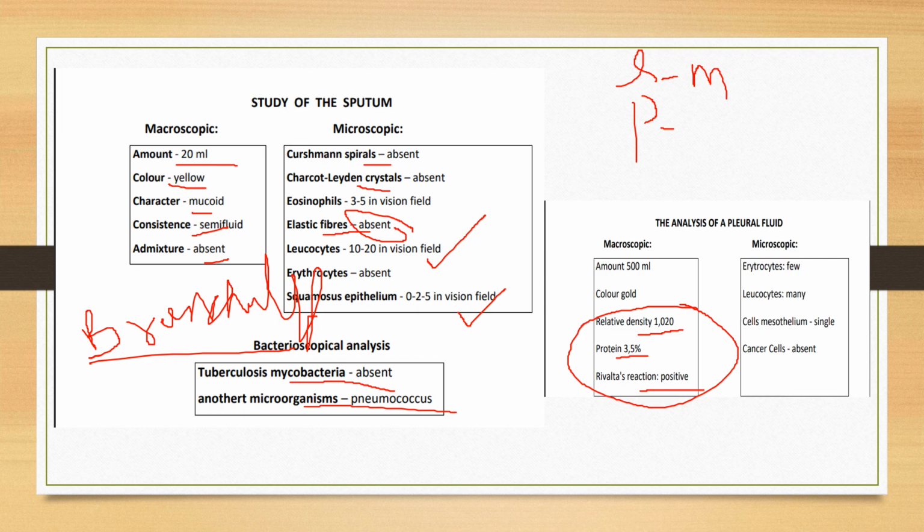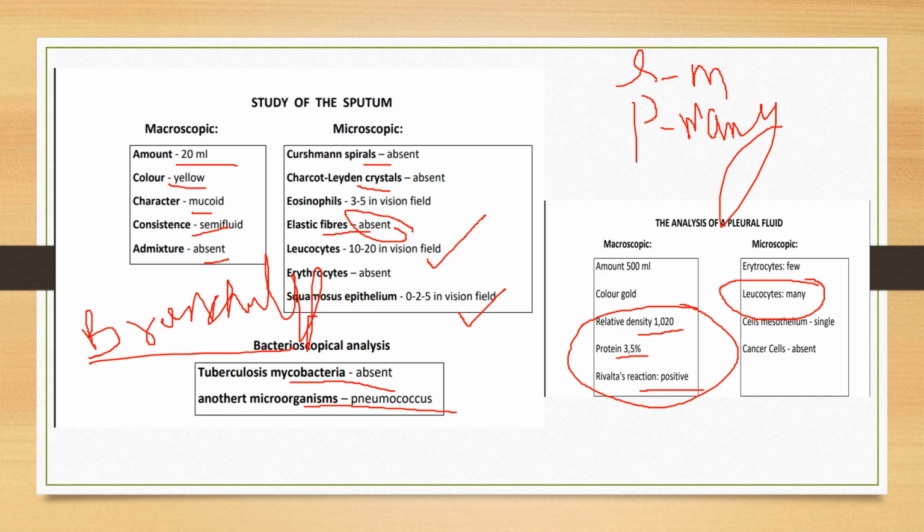If it is purulent, then we see many leukocytes, and if it is hemorrhagic, simply many erythrocytes. So here we can see many leukocytes. So our conclusion is the relative density is more than 1015, protein is more than 3%, and Rivalta's reaction is positive, and the presence of many leukocytes. So this indicates purulent effusion. So our final conclusion must be this is bronchitis with purulent effusion.